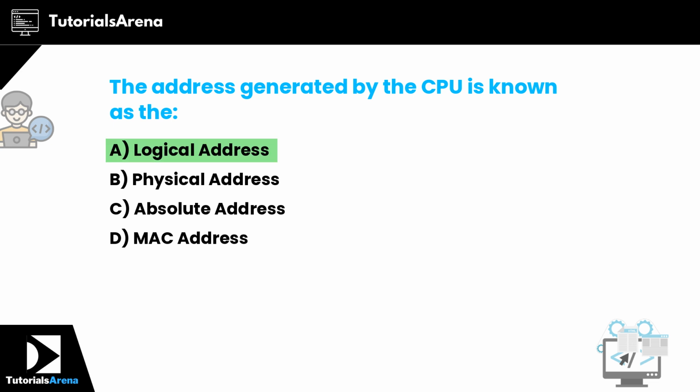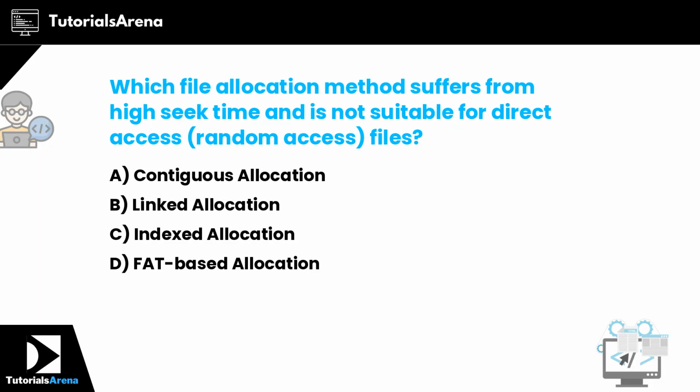The correct answer is option A, logical address. Which file allocation method suffers from high seek time and is not suitable for direct access, random access, files? The correct answer is option B, linked allocation.